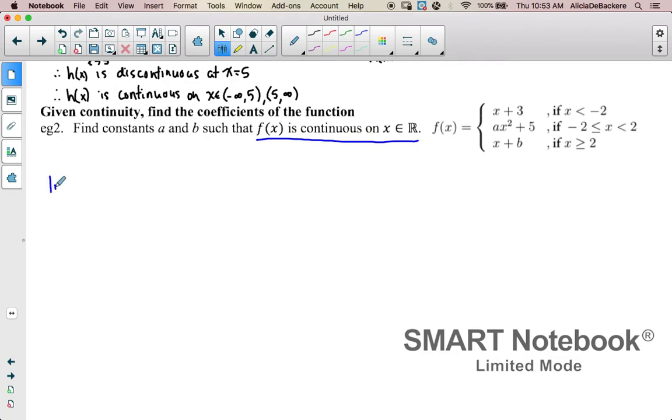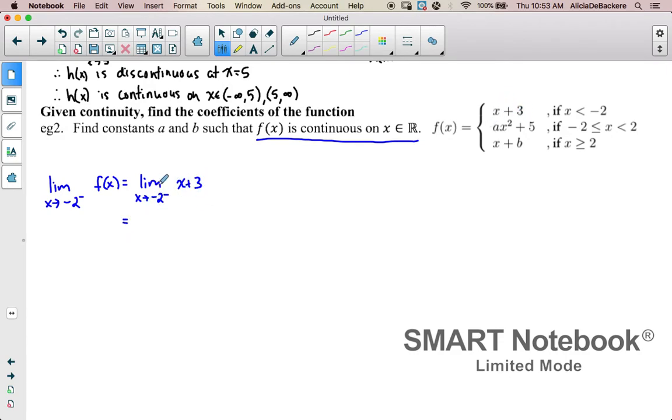So first, taking a look at -2, I'm approaching -2 from the left for f of x, and when I do that, I need to figure out which piece of the equation that is. So I'm looking at -2 from the left, that's this domain, so I'm looking at x plus 3.